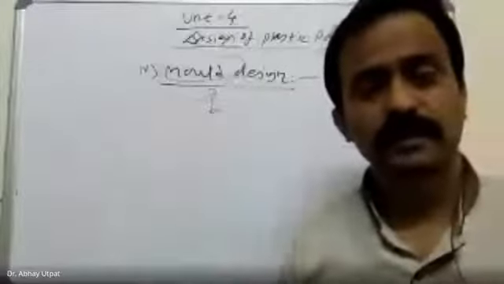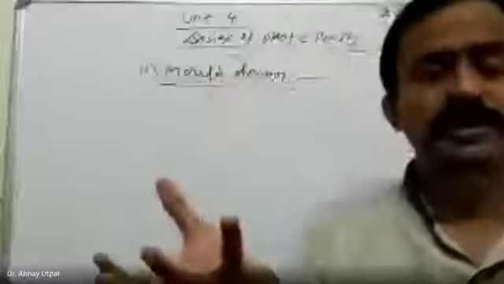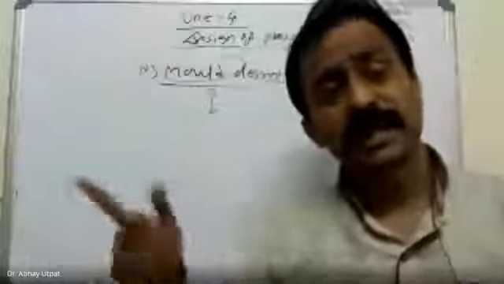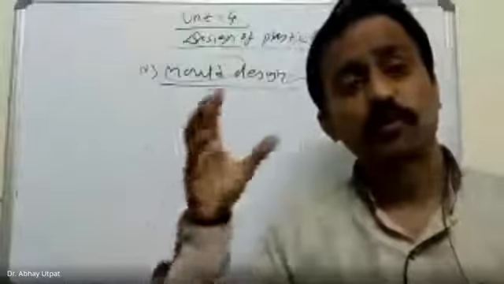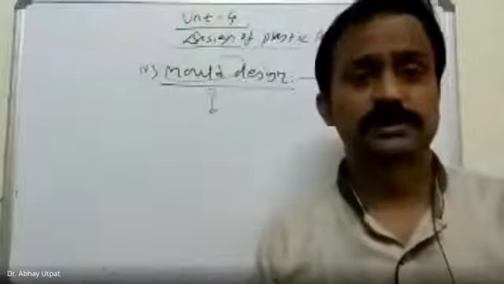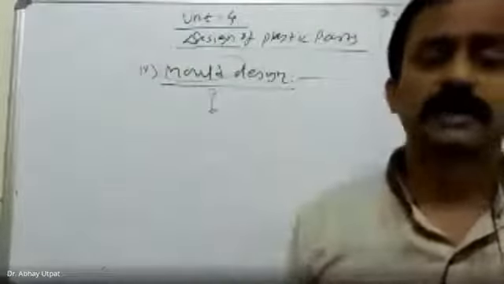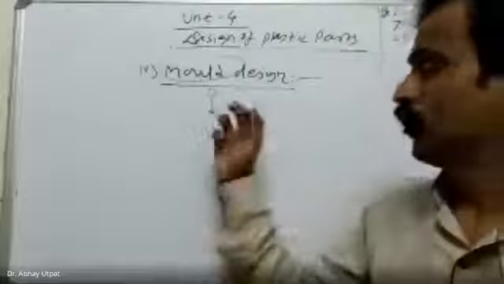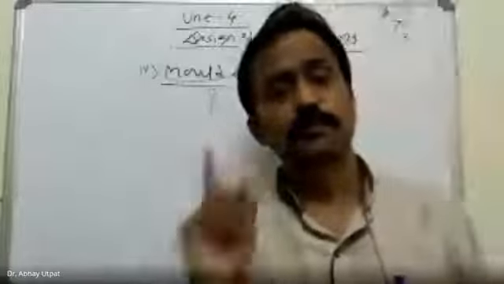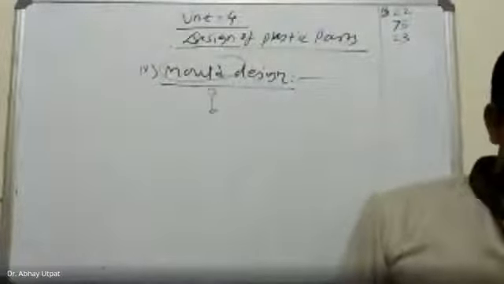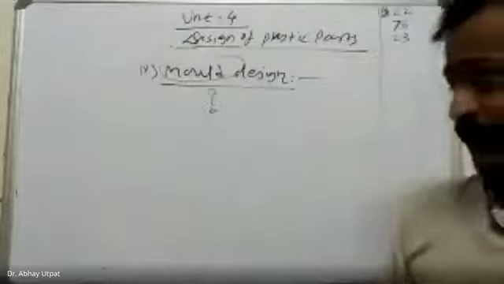I repeat once again, whatever mold you are going to manufacture, that mold is withstanding thousands and lakhs of heating and cooling cycles, and it should sustain for a long time. That's why mold design is a very important aspect of part design. To ensure the quality of the final product, correct part design is necessary.